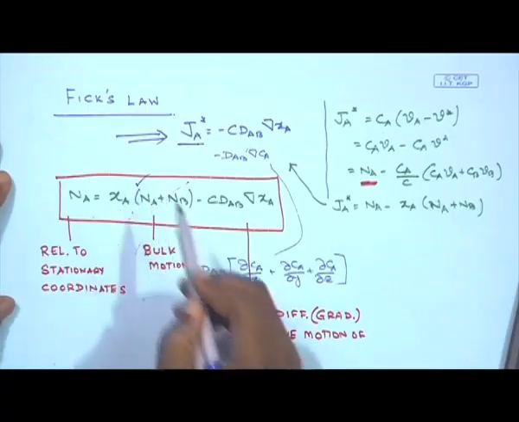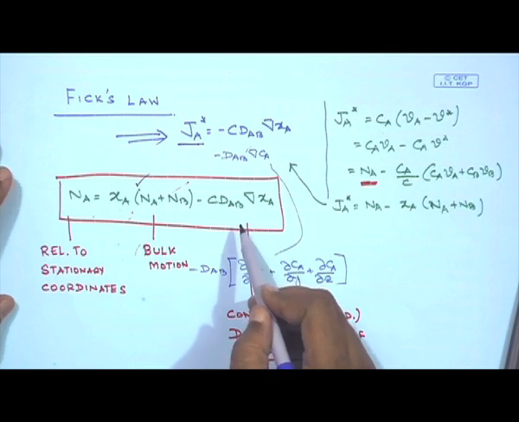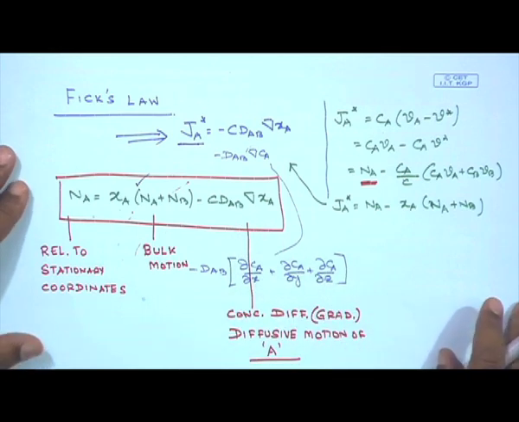So, in absence of any such generalization, any such simplification, the expression to be used for the molar flux of component A will consist of 2 terms, one due to bulk motion and the other due to the concentration gradient.